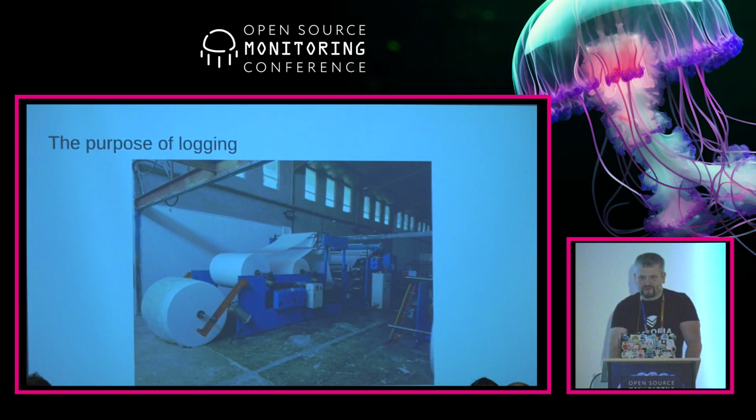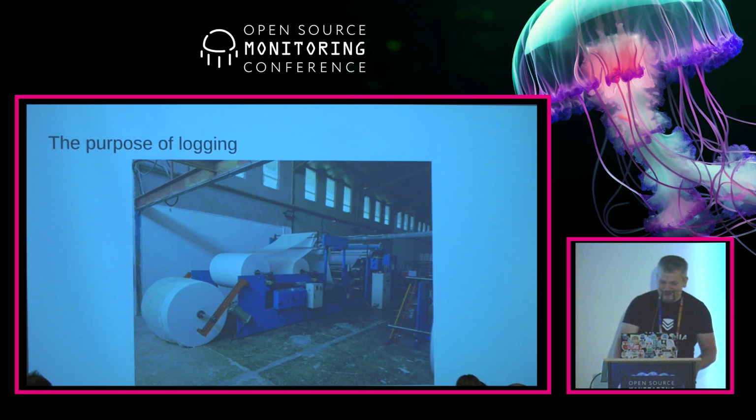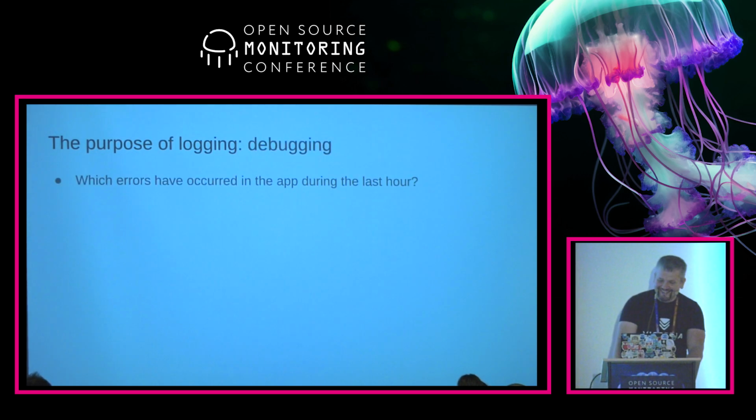What's the purpose of logging? To make paper? No. The first purpose of logging is debugging. When you log some events in your application, you can figure out which errors this application was generating at which time.